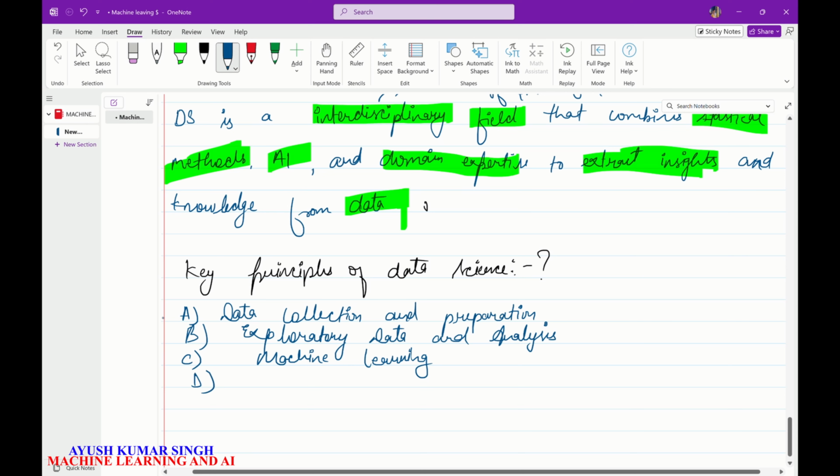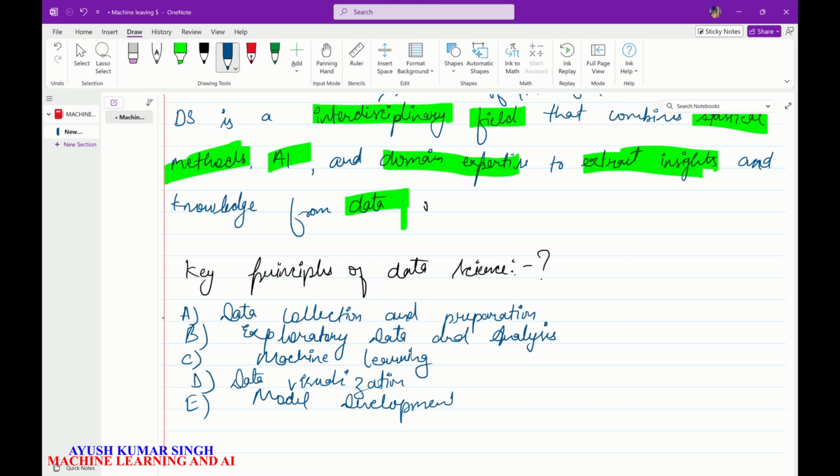Fourth one could be data visualization. If you have ever done business analytics or any form of analytics, you would already know these methods, and data visualization plays a very important role in that. Next one we have is model development and evaluation.